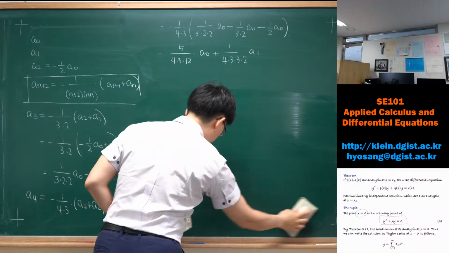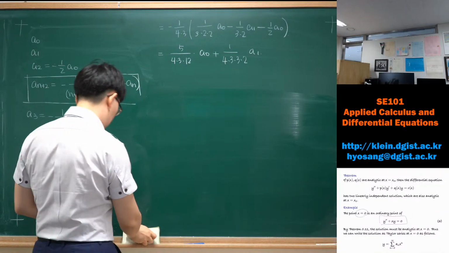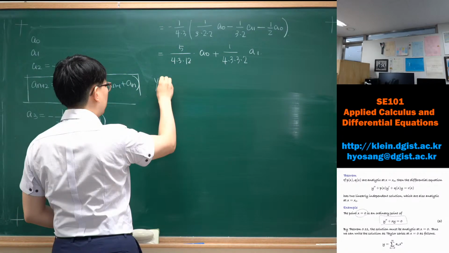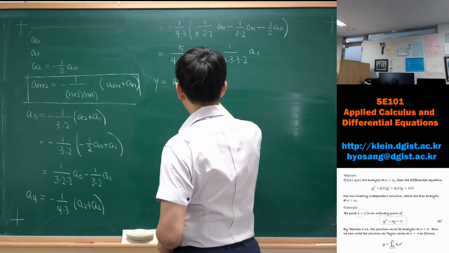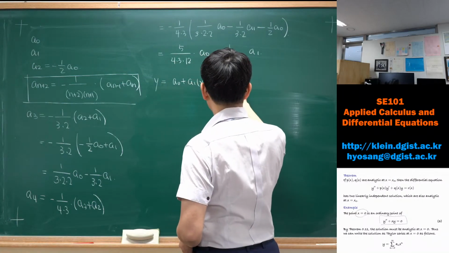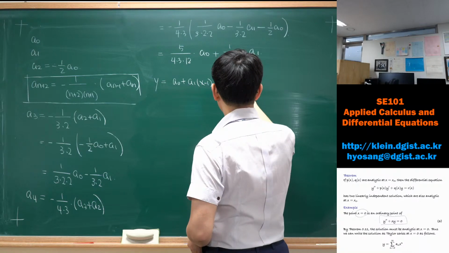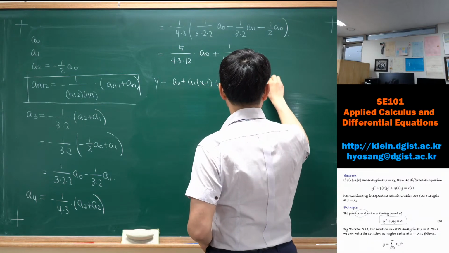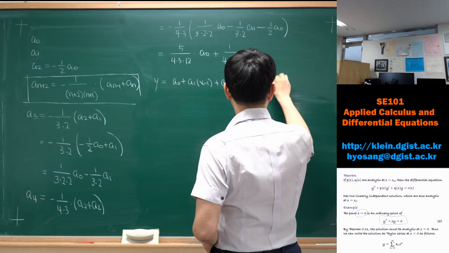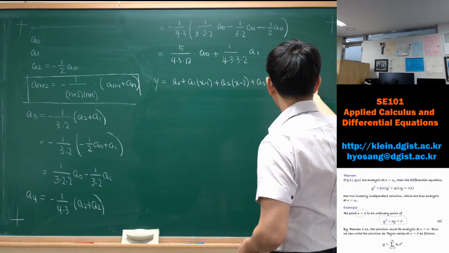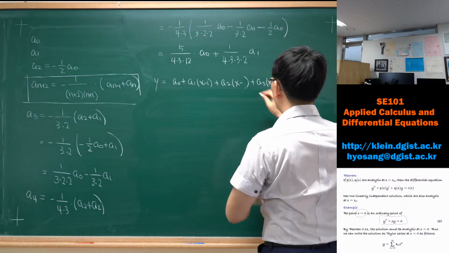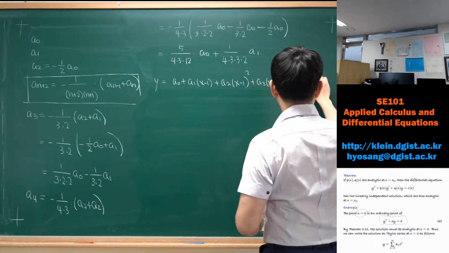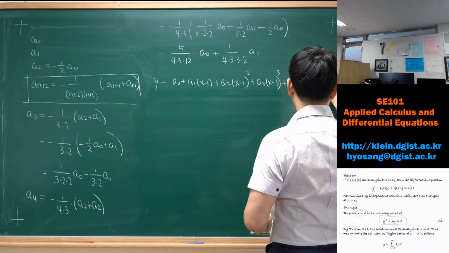Write my series solution explicitly as y equals A0, A1 (x minus 1), A2 (x minus 1) squared, A3 (x minus 1) cubed, A4 (x minus 1) to the fourth, and so on.